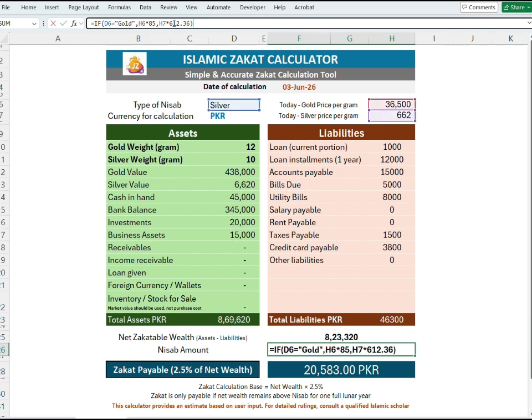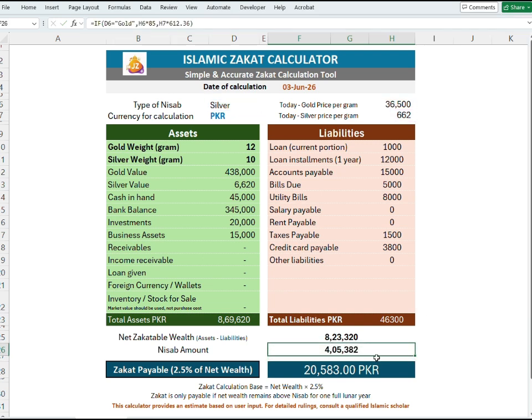We selected Silver Nisab. Silver Nisab is 612.36 grams multiplied by silver price, which is 662. So, 612.36 multiplied by 662 gives approximately 405,382.